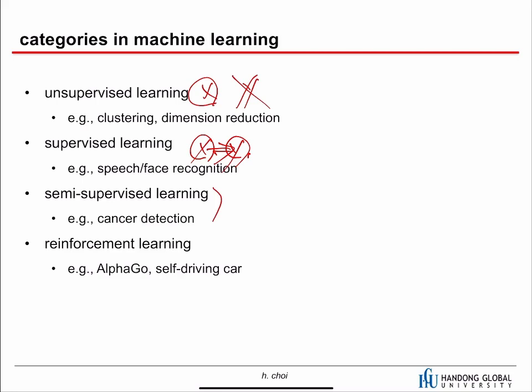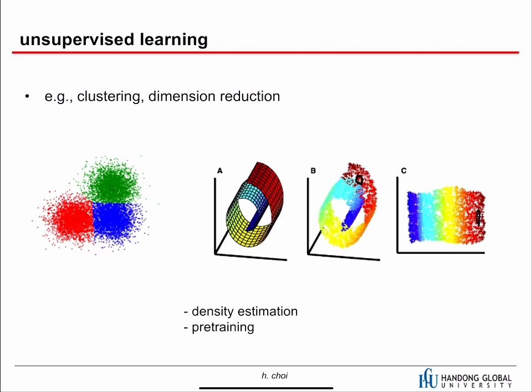Usually in the textbook we have unsupervised learning and supervised learning, and reinforcement learning is completely different. Even though reinforcement learning is a part of machine learning, it is way more complicated than these guys.